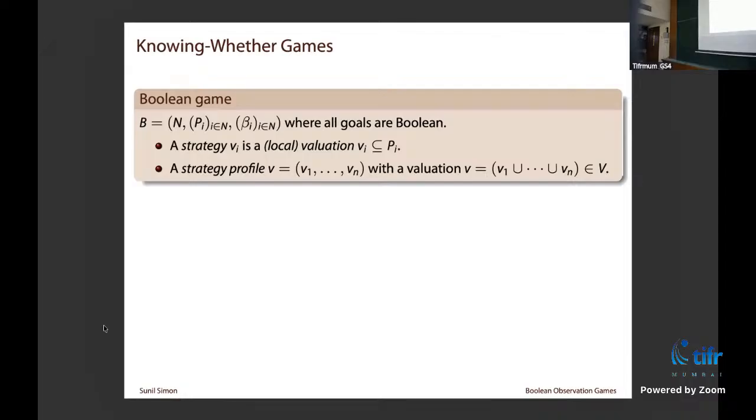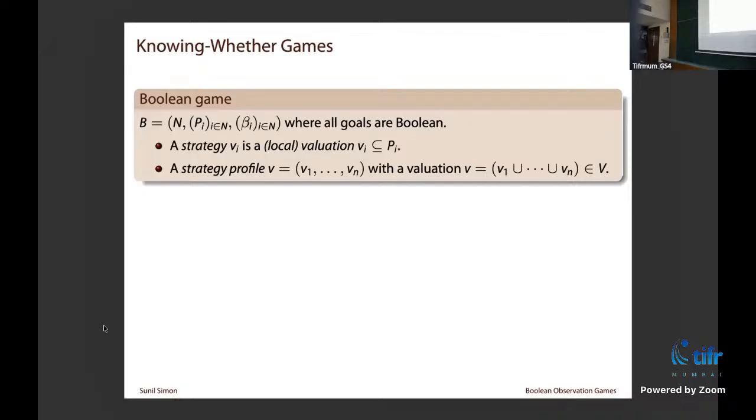So Boolean games: the setting is very similar to what we are looking at, except that here you have only Boolean formulas. You don't have the KI operator, you just have Boolean formulas. And the strategies are slightly different. Each player controls a set of propositions, which means that he can pick a valuation for a set of propositions. So it's not about revealing propositions, but it's actually about picking valuations for the propositions.